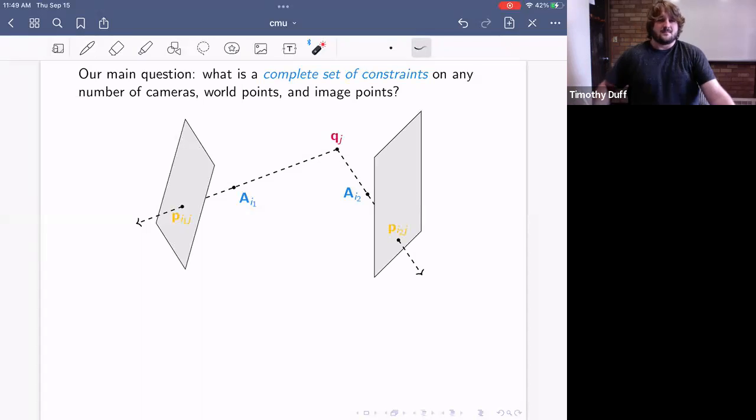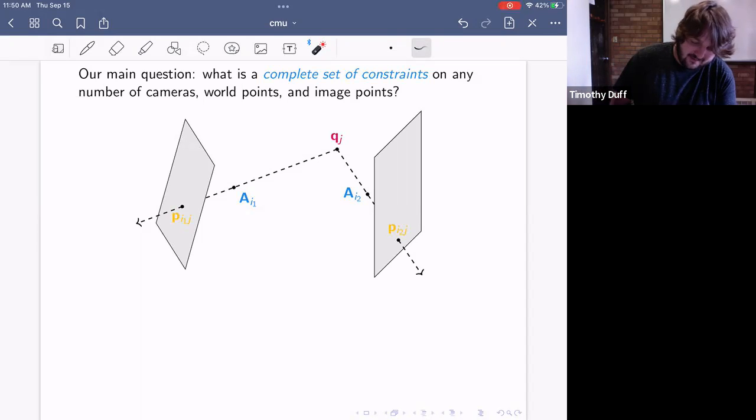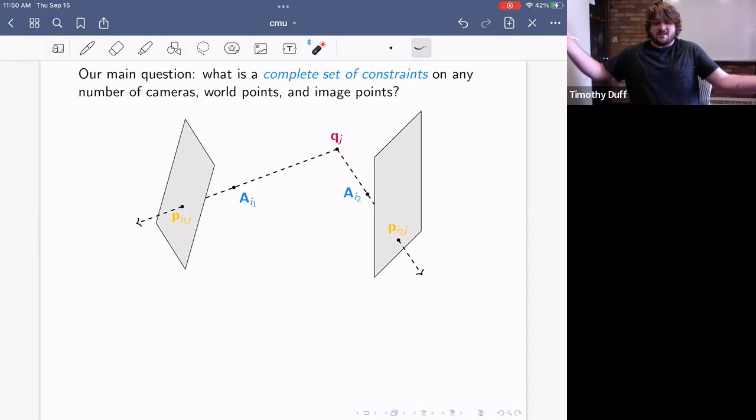We have some sort of answer to this question, but the point of this framework is really to uncover different ways in which you could ask that question. It's interesting to consider different ways of asking this question because in practice, you could be given different measurements depending on which problem you're trying to solve.